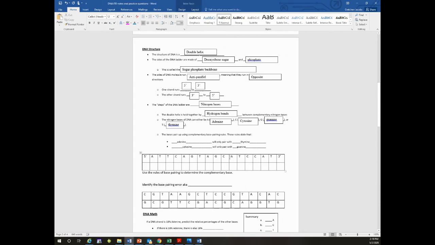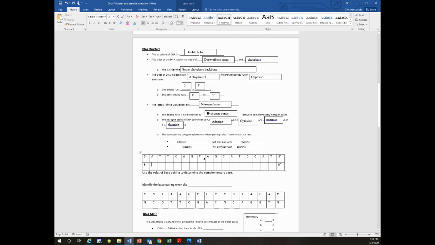So I also have these numbers here because I want you to remember the anti-parallel feature of DNA. So if this is 5' to 3', then that must mean this strand starts with 3' and ends in 5'. So now we can just do our rules of base pairing.